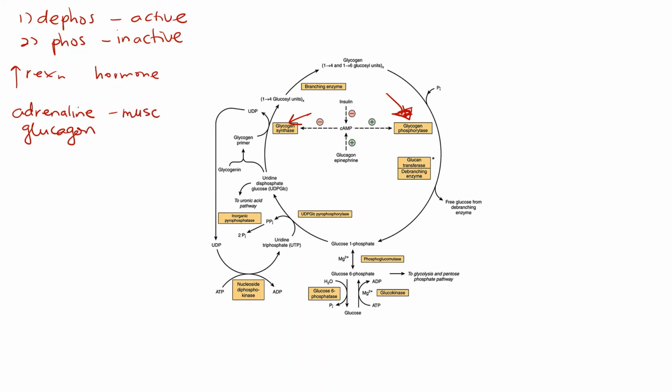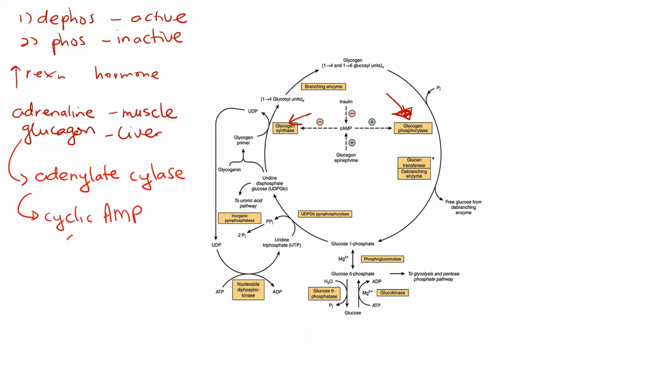Kalau adrenaline akan bind kepada muscle lah, kalau glucagon akan bind pada liver cell. So what happened? This will cause activation of adenylate cyclase. Adenylate cyclase ni will catalyze the formation of cyclic AMP ataupun cAMP from ATP.